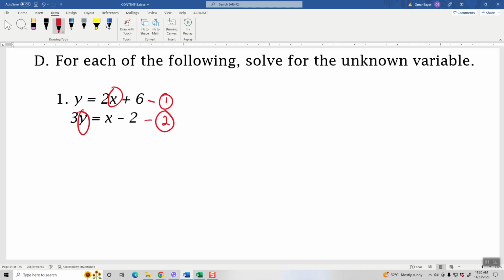The first rule here is to arrange the equation according to ascending order in terms of its letters or variables. First, for equation 1, the first thing to do here is to place x and y, the variable terms, on the left.